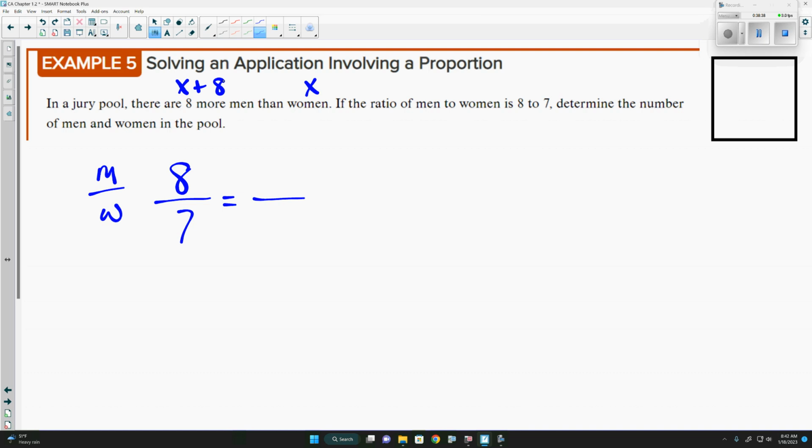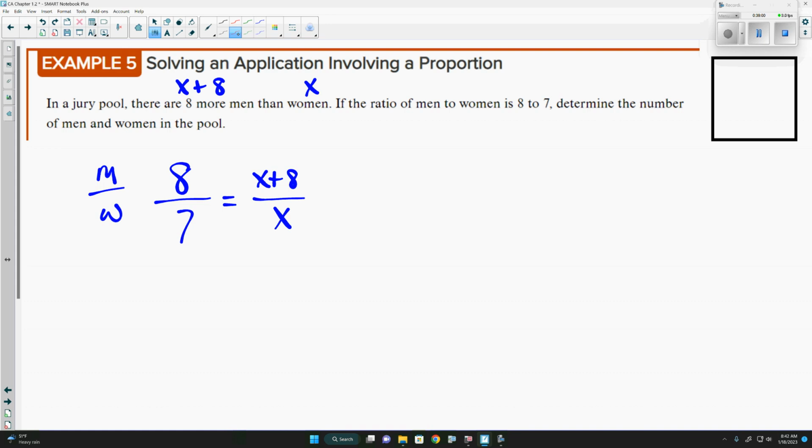Men or women? So on top of this fraction here would be x plus 8. On bottom, we would have x. Questions on this here?